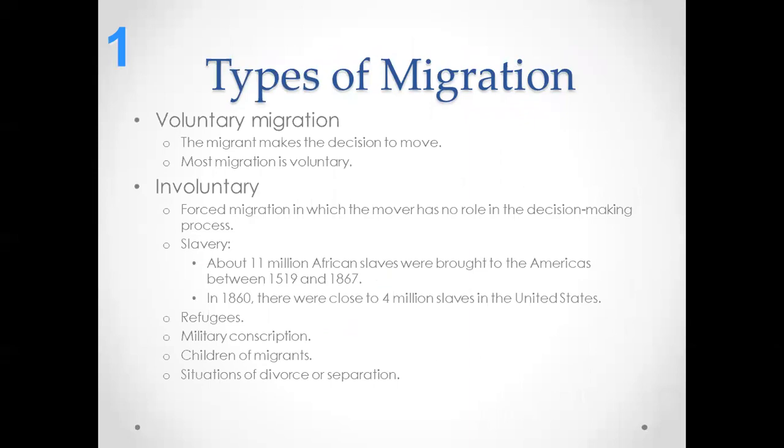So, in other types of migration, meron tayong tinatawag na voluntary migration and involuntary. Okay, so pag sinasabi natin voluntary migration, this is because you decide to move. Wala pong pumilit sa'yo. And most migration is actually voluntary because of opportunities, because of education, because there are a lot of reasons.